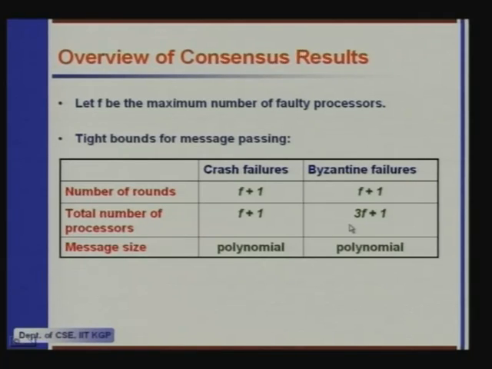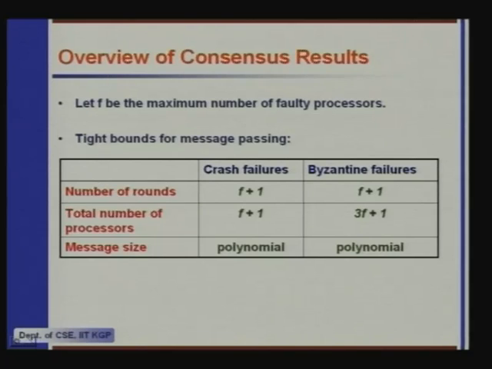So, it means that if one third or more of the processors are faulty, then you cannot reach consensus if the faulty processors are Byzantine. In other words, if 1/3 of the processes are suffering from Byzantine faults, then you cannot reach agreement or consensus.